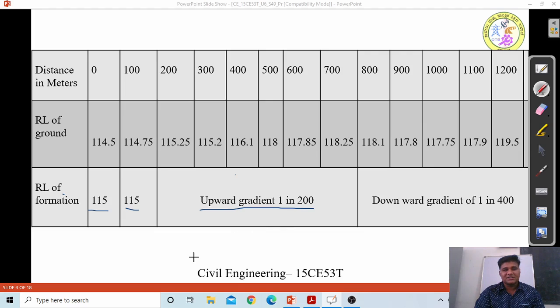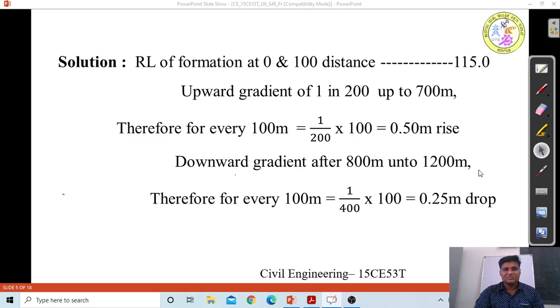From here to here it will be flat, and there will be an upward gradient from this portion up to 700 meters, and a downward gradient from 700 to 1200 meters. So this is the profile of the formation. This will be explained clearly by drawing the longitudinal section of the road.